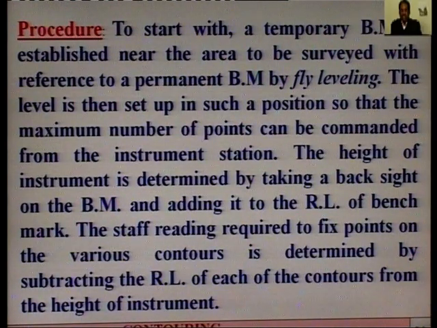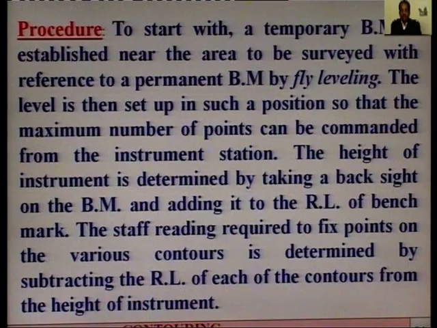We establish a temporary benchmark in the area to be surveyed with reference to a permanent benchmark by fly leveling. You must know fly leveling: it is the leveling in which we generally take only foresight and backsight, no intermediate sight, that is called fly leveling.